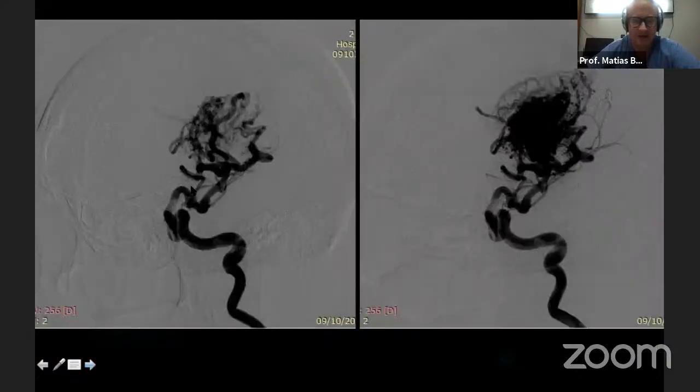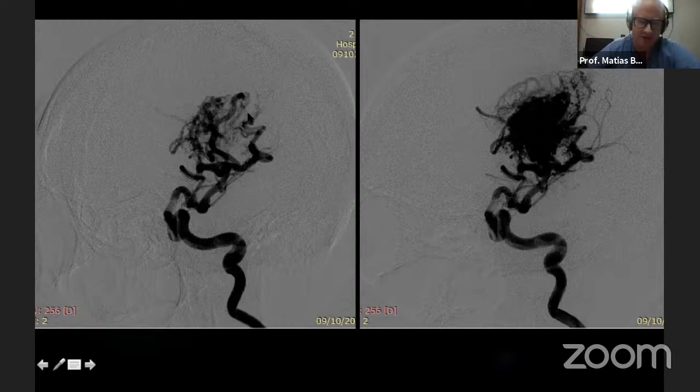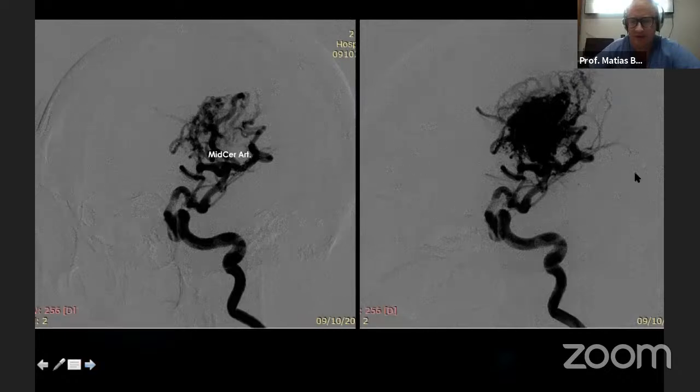In this lateral projection, we can observe a left carotid artery injection of contrast, and in this segment of M2 on the left side, we can observe 1, 2, 3, and here an artery in passage, giving before passing the nidus 3 or 4 small branches to the nidus, as we can observe in this projection.